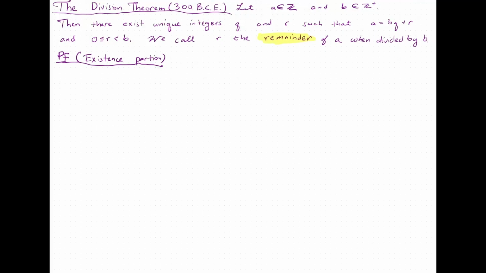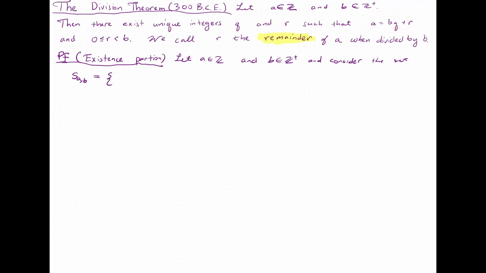So let's go ahead and take a to be an integer. We're going to take b to be a positive integer. So let a be in Z and b be a positive integer. And consider the set S. This set depends on a and b, so I'm going to write the a and b as subscripts. And now what we are going to do is look at our equation here.